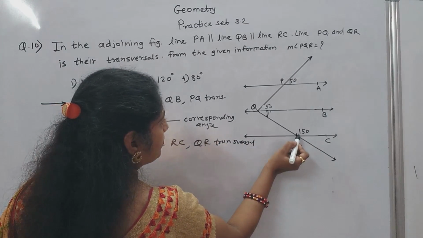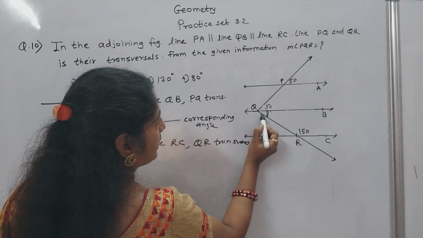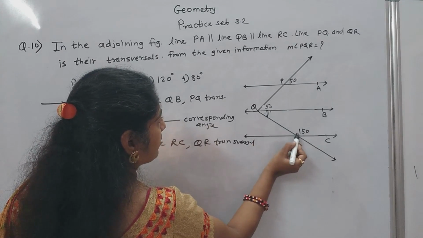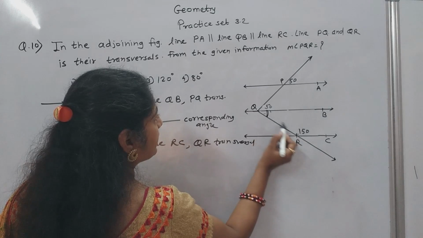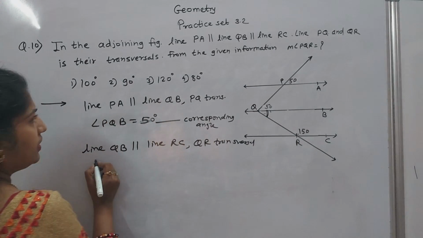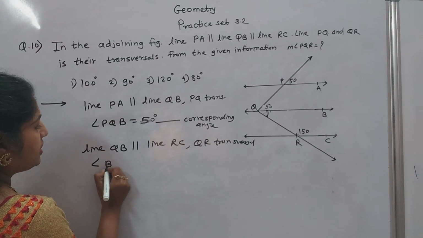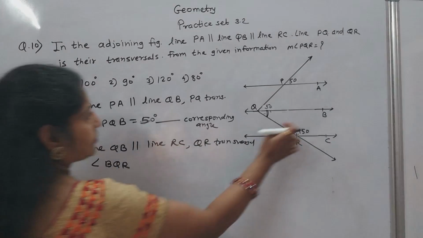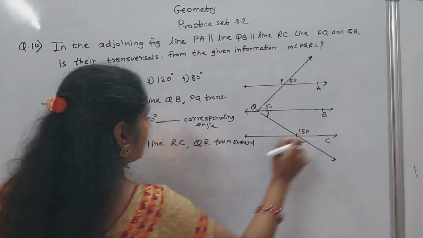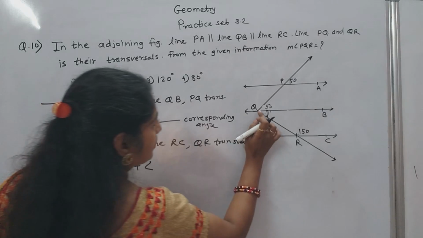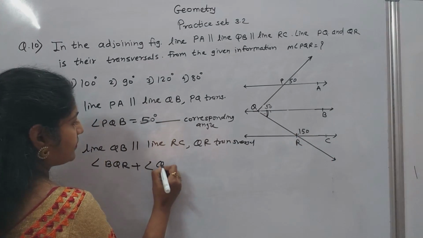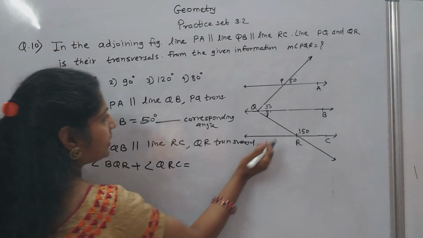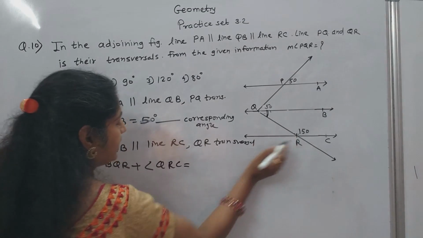Now this 150 and this angle, these are the interior angles. Angle BQR plus angle QRC, these are the interior angles, one side interior angles.